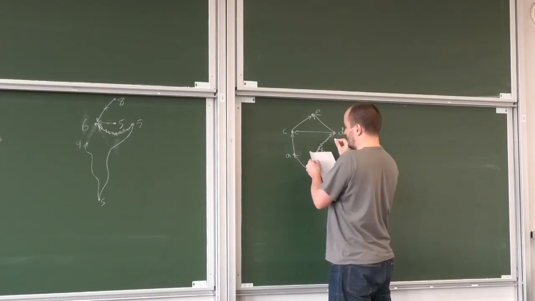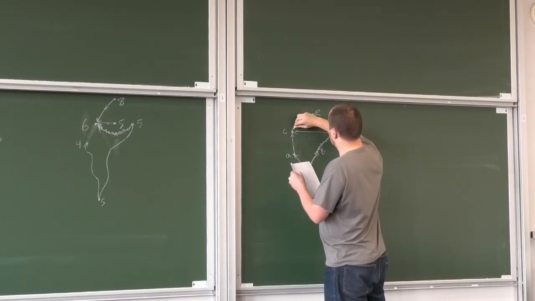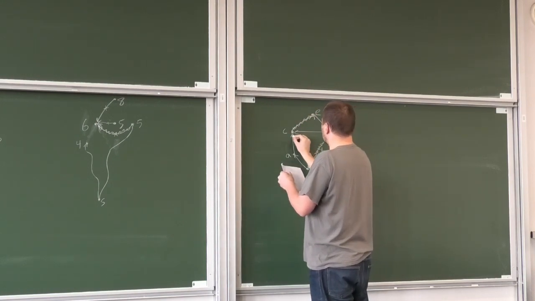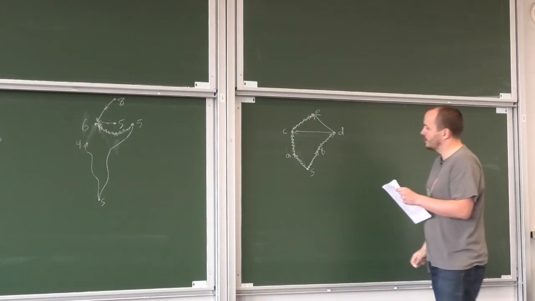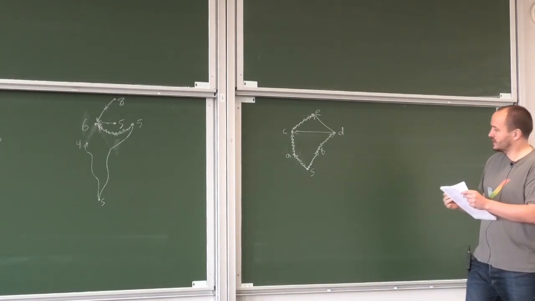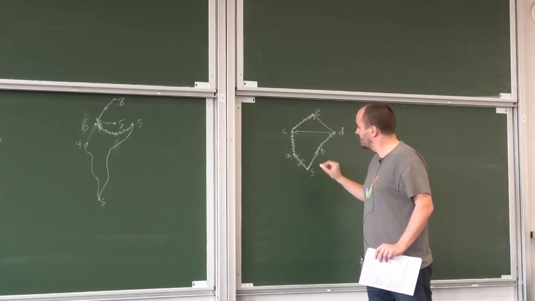So suppose that this is our initial shortest path tree, right? And now let's say that this edge is deleted.